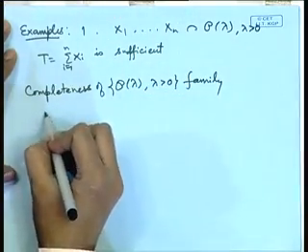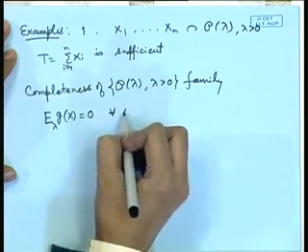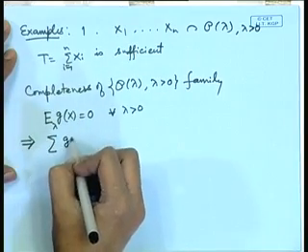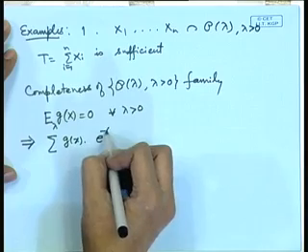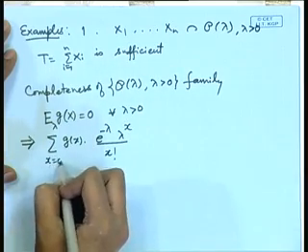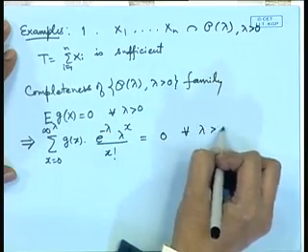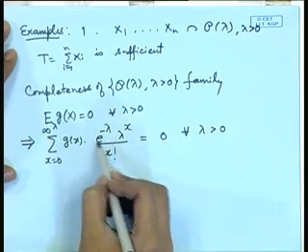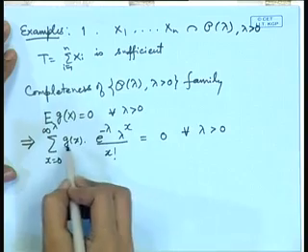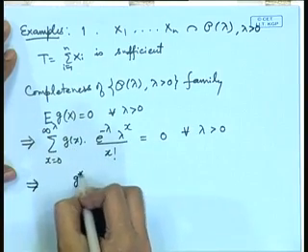Let us write down expectation of g(X) is equal to 0. This statement is equivalent to the sum of g(x) e to the power minus lambda, lambda to the power x by x factorial, equal to 0. Since lambda is positive, we can multiply on both sides by e to the power lambda, and g(x) by x factorial term I can combine as some g star(x).